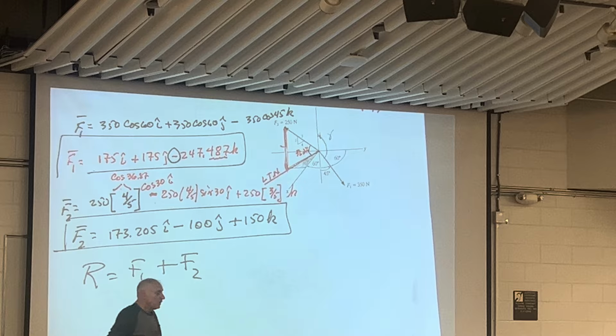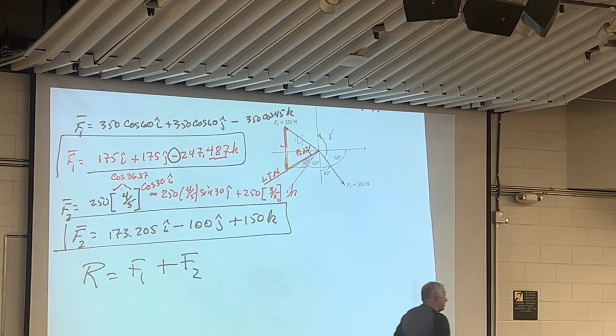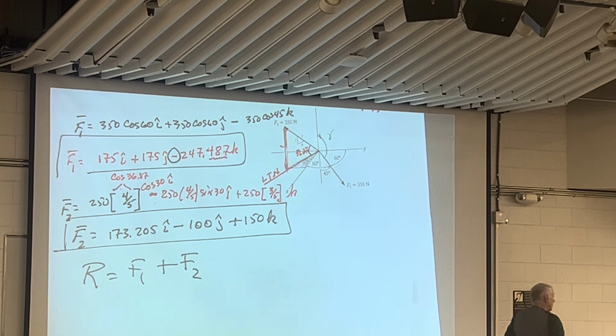The reason for that is because it is being measured relative to the negative z direction at 45. If you want to do it relative to the positive z, you'd have to say cosine of 135.